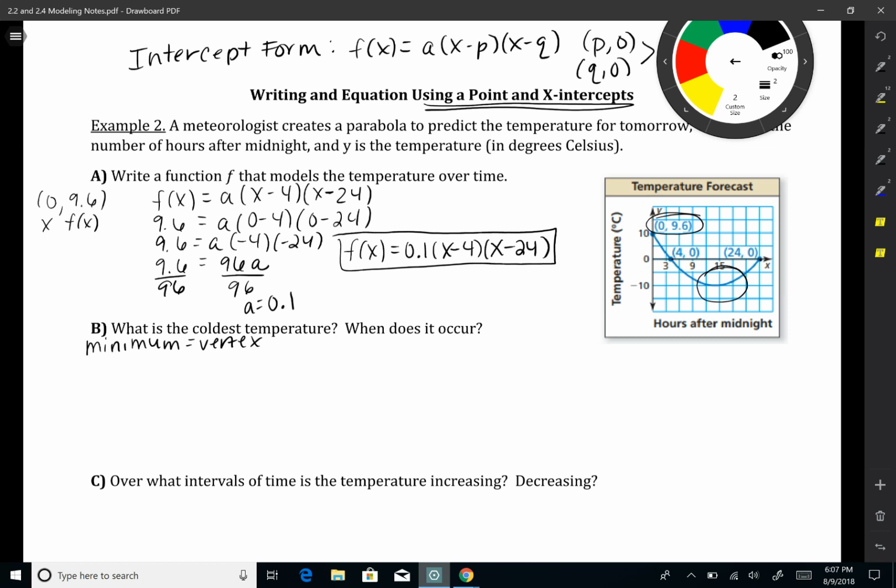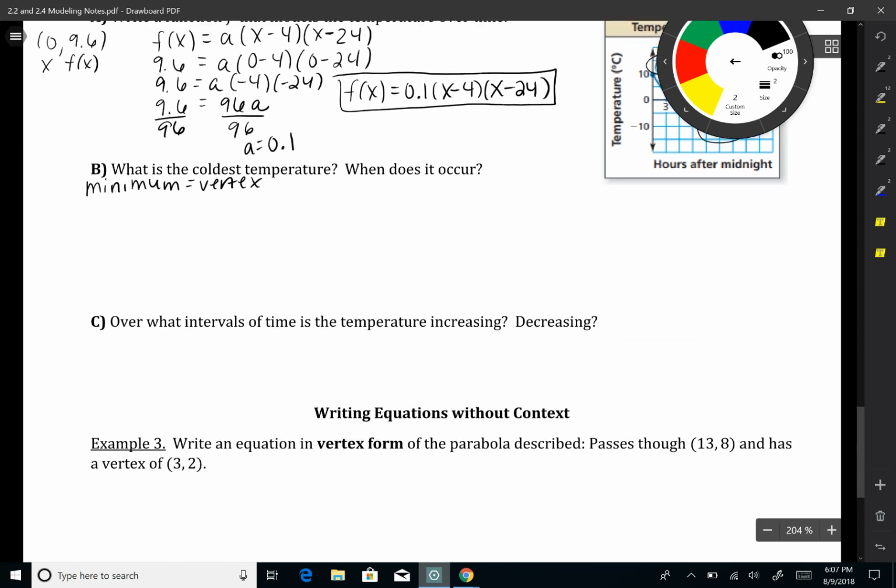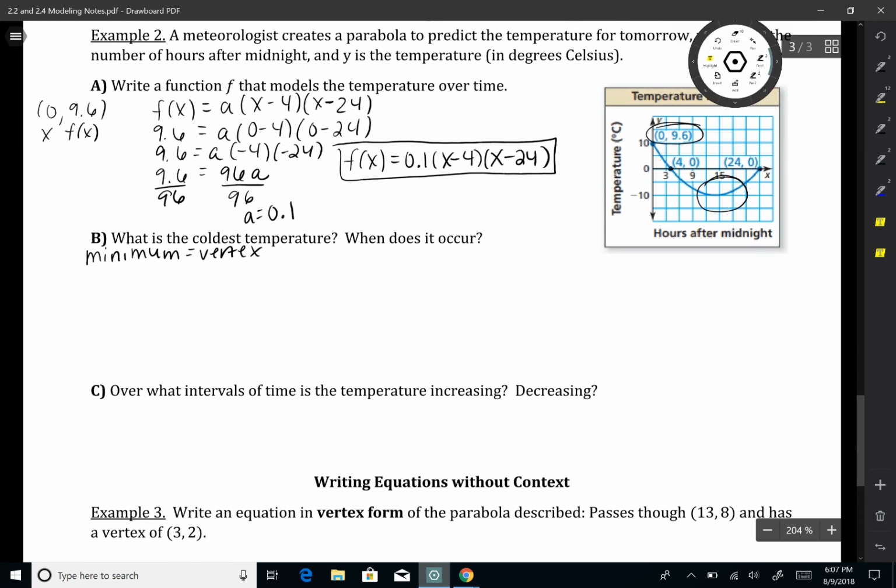And remember, the axis of symmetry is halfway between your two x-intercepts. So you can use your little formula, which is finding the average of those two. And those two are 4 and 24. So if you have two numbers, add them together, divide by 2. 28 divided by 2 is 14. So our axis of symmetry is at x = 14.